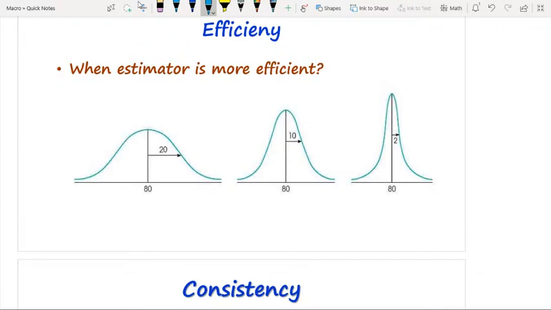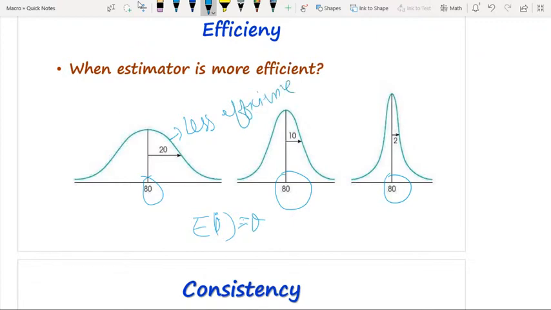So we can clarify the concept of efficiency with the following graphs. In all the cases the estimator is unbiased and the mean value is 80. So in all the three cases the mean value of the estimator theta cap equals the true mean value theta, but in this case the variance of the estimator is higher, so there is more variance, so this estimator is less efficient, because of high variance.